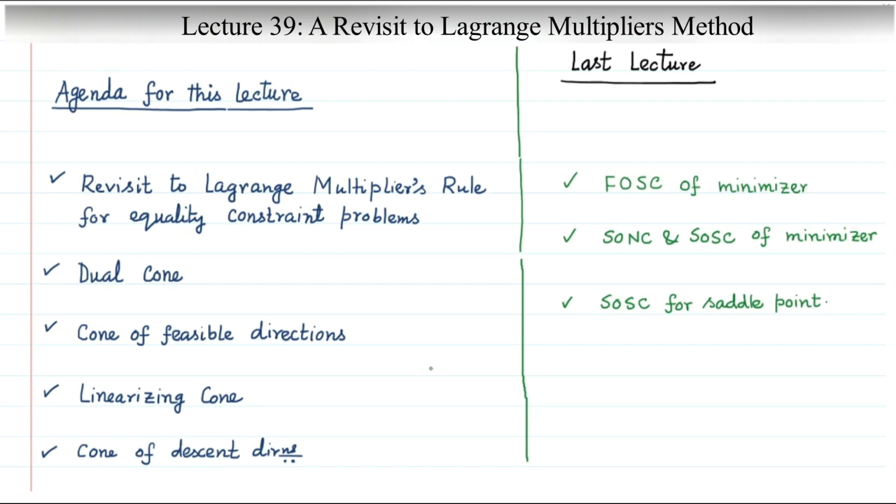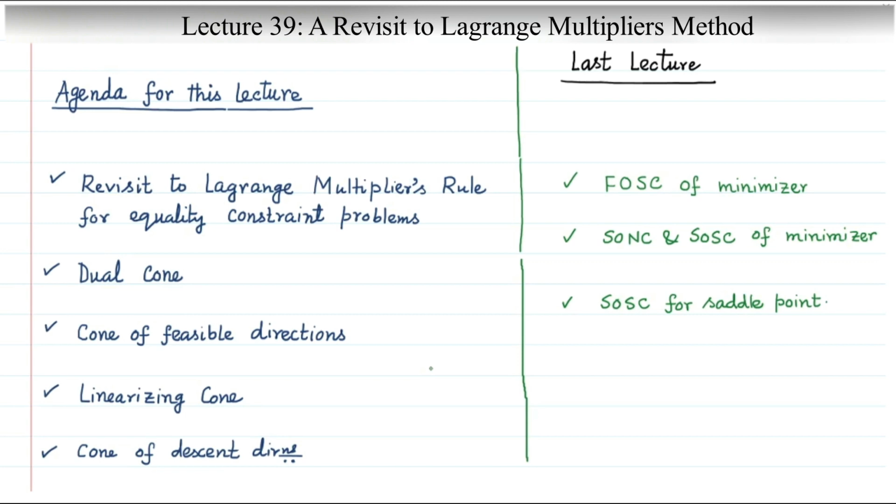Unless we are careful about those points, sometimes our conclusion from the Lagrange's method might be misleading. We shall see what the mathematics says, and unless we are careful about those points, we may not end up getting a local minimum by the Lagrange's multiplier rule.